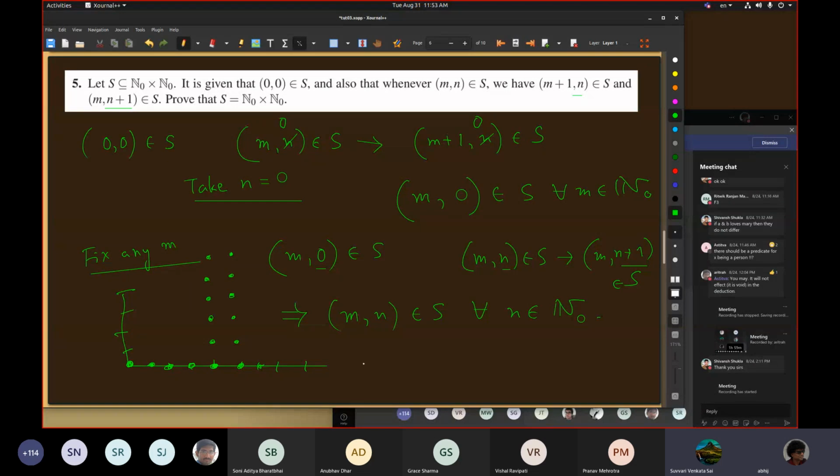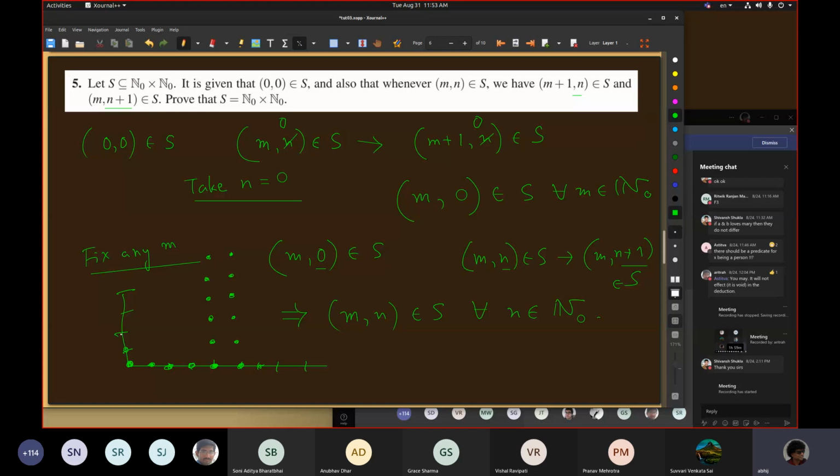Let's take n equal to 1. So 0, 1 is in S. This is not given, right? This is not part of the hypothesis. So first we have to prove that 0, n is there. Either way you proceed, you have to do something like that.